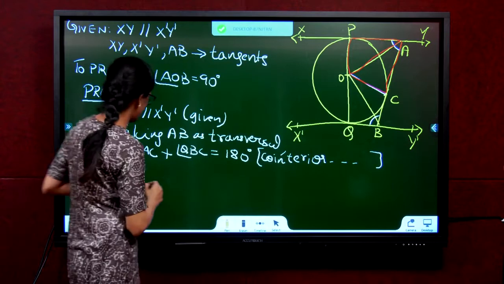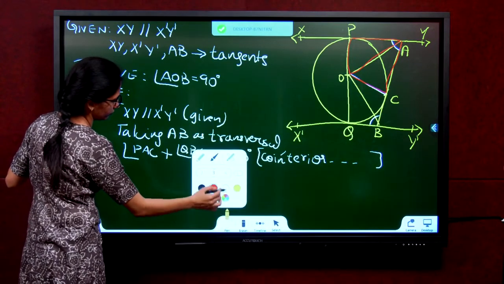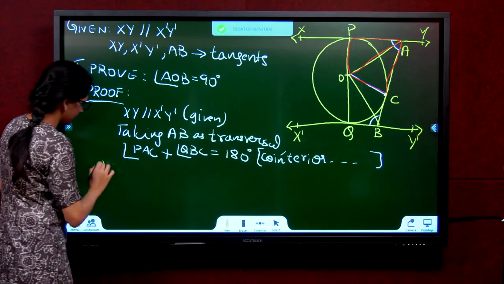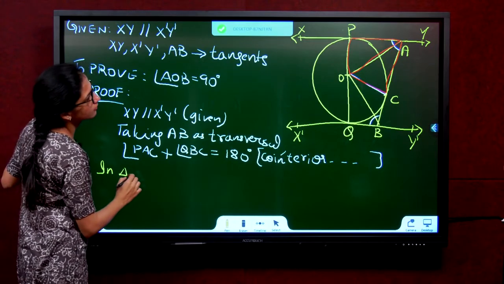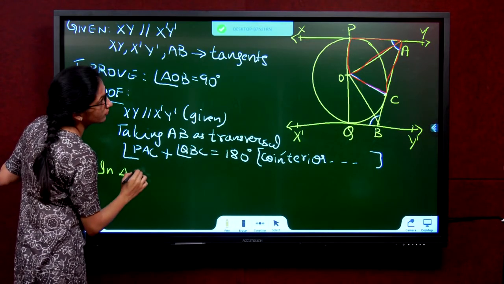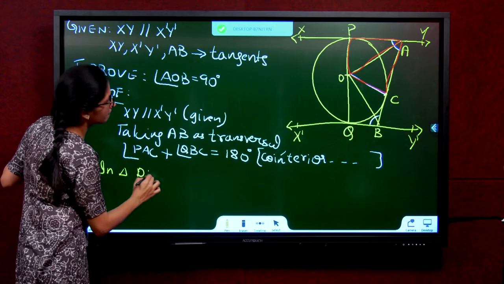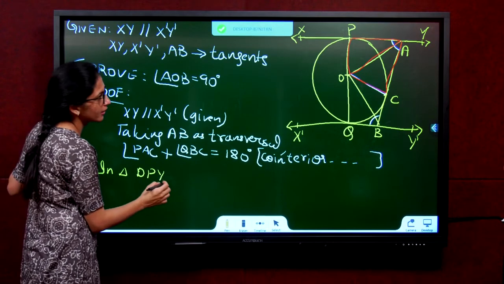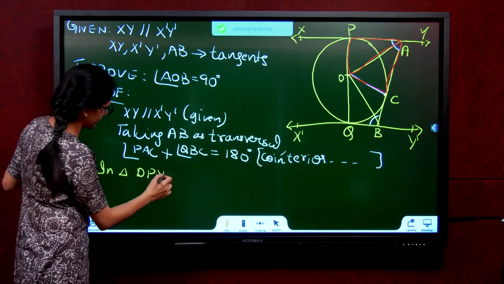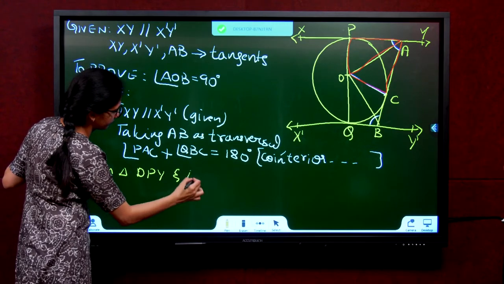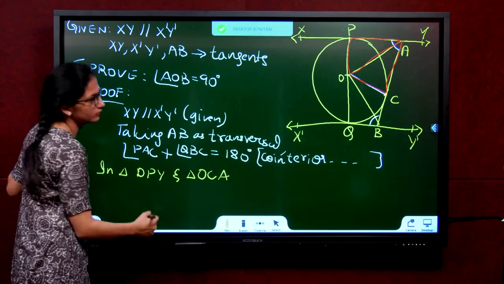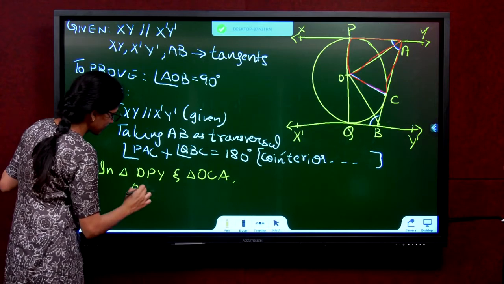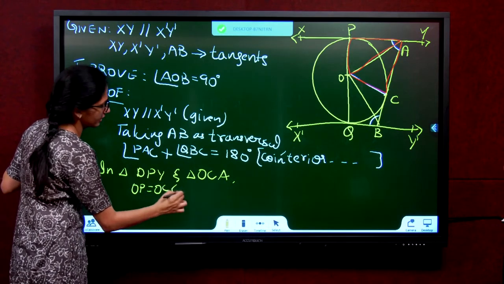Okay. So now, in triangles OPA and OCA, OP equals OC. Why?